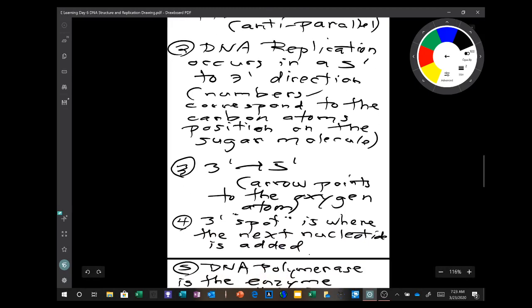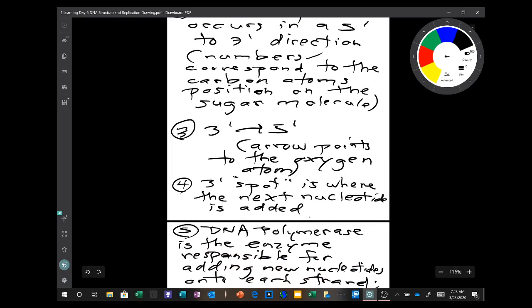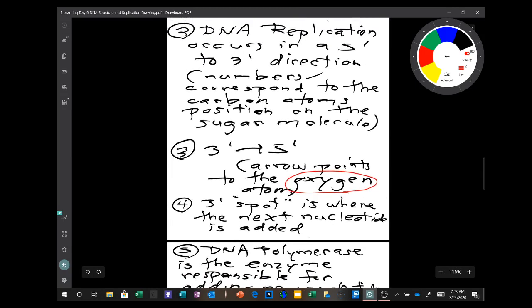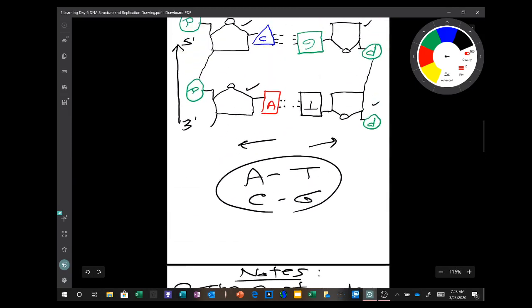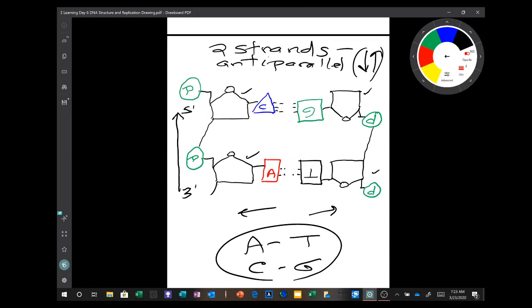Now, you might ask, how do I know which way is 5' to 3'? And the answer is you look at the oxygen atom. Where's the oxygen atom position? If I go back to my illustration here, you can see the oxygen atom is right here at 12 o'clock. Here on the other strand, it's at about 6 o'clock.